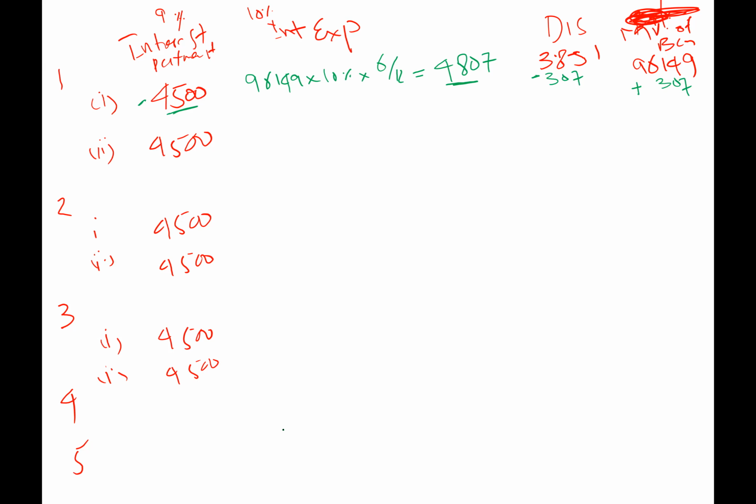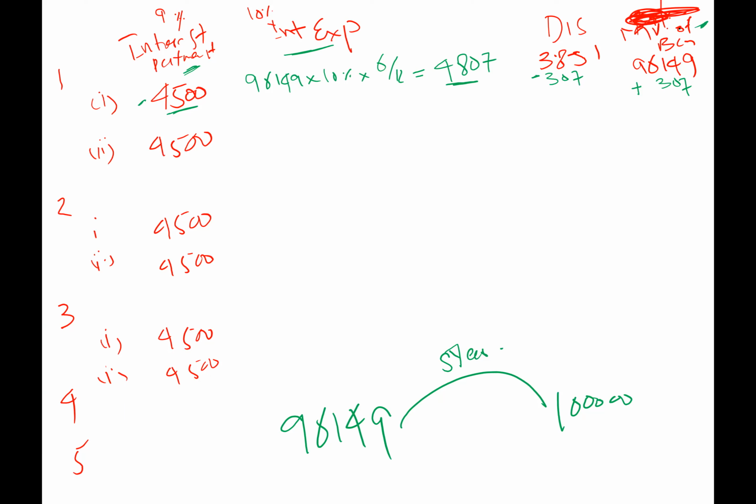Why? Because at the end, this value in 5 years will have to reach 100,000. So on every interest expense, we will deduct the difference between interest payment and interest expense, and we will add it to the value of the bond, and value of the bond increases and discount is going to decrease, right?